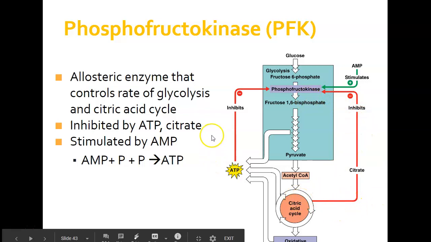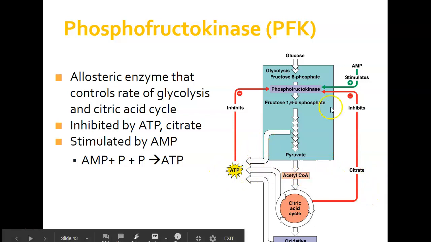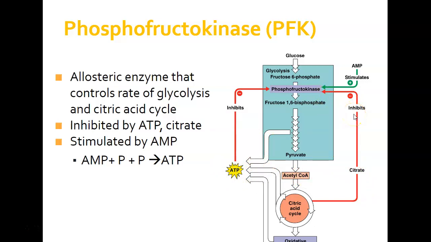Their presence in high quantities inhibits phosphofructokinase so that overall glycolysis cannot fully take place and you cannot convert to pyruvate. And that will prevent the further action of happening through respiration. And then over time, ATP will go down and citrate will go down, and then that will release the inhibition.